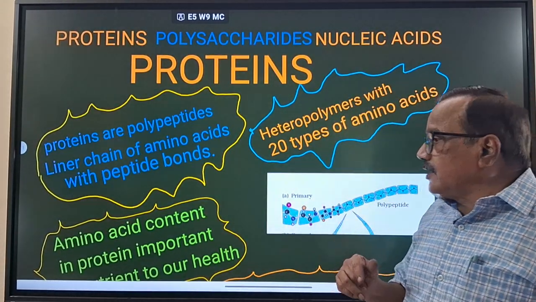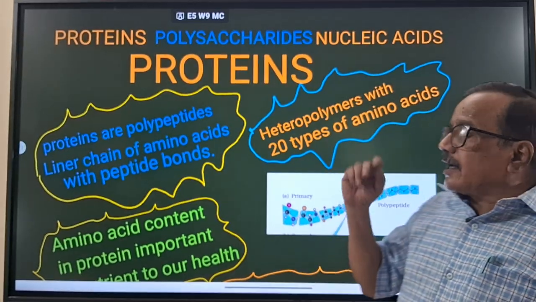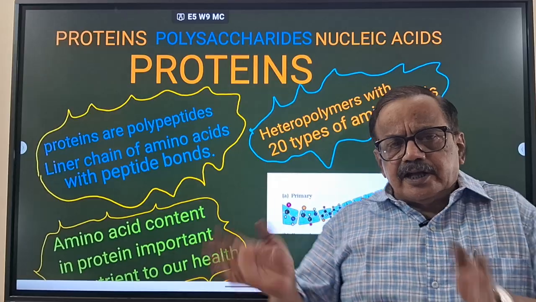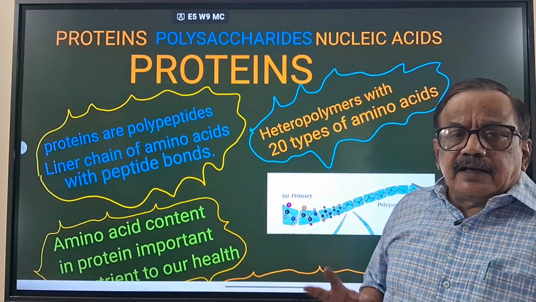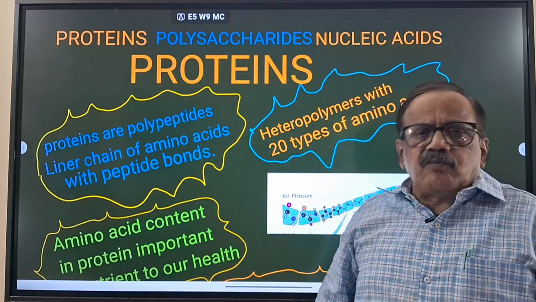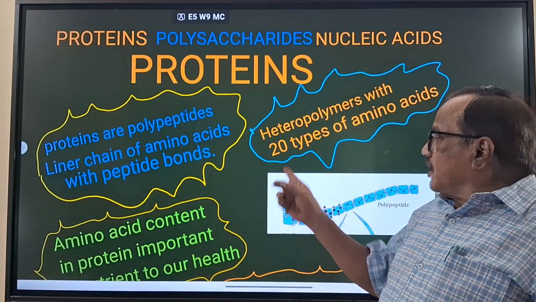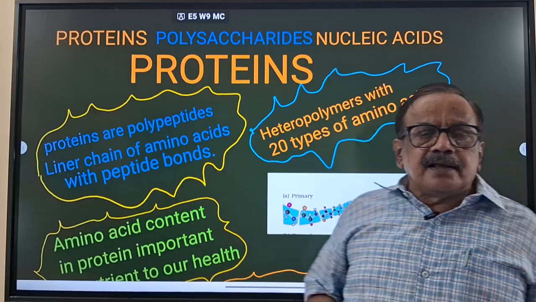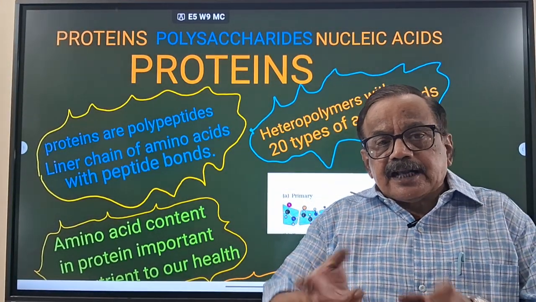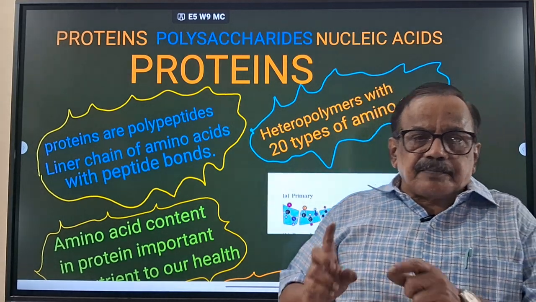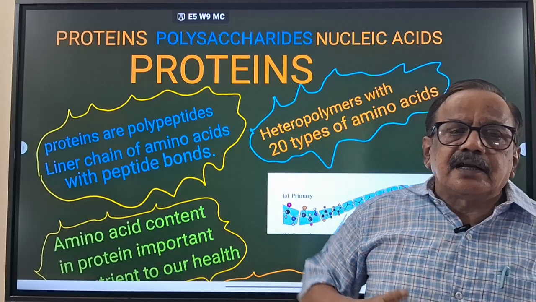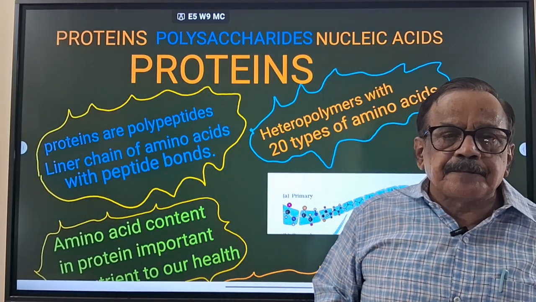Now, polymers are of two types, homopolymers and heteropolymers. When only one type of monomer is present in the polymer, it is called a homopolymer. When different types of monomers are present in the formation of the polymer, it is called a heteropolymer.